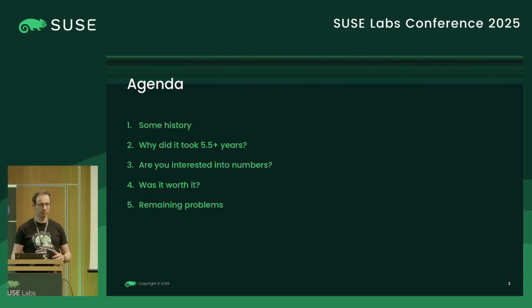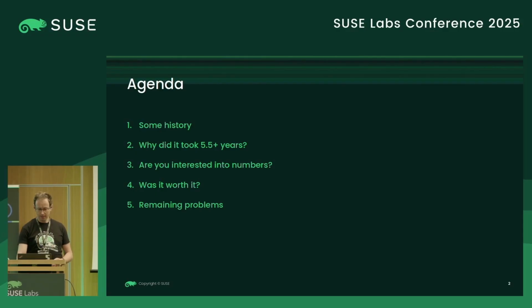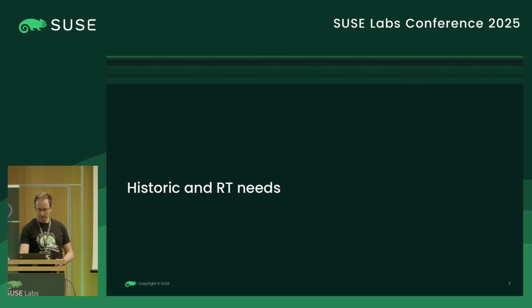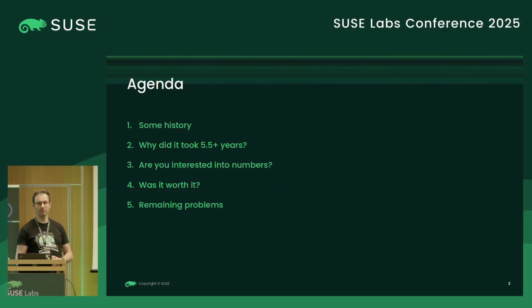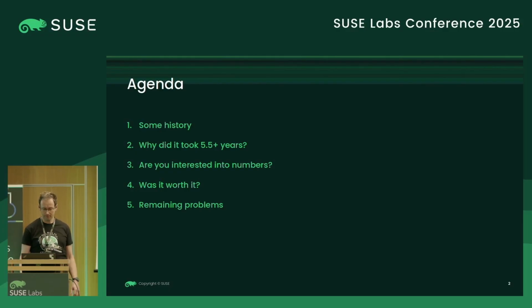Then I will show some numbers about how many patches went in, and dates. And then I will try to answer the question whether all this added complexity was worth it. And finally, I will give an overview of the remaining problems.